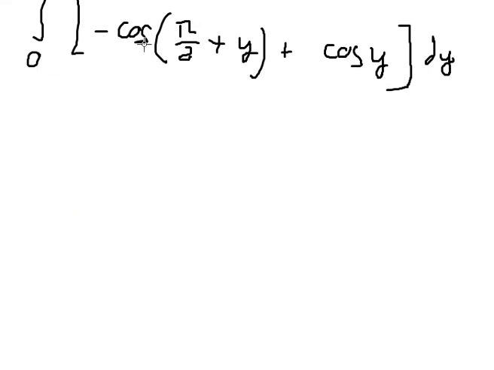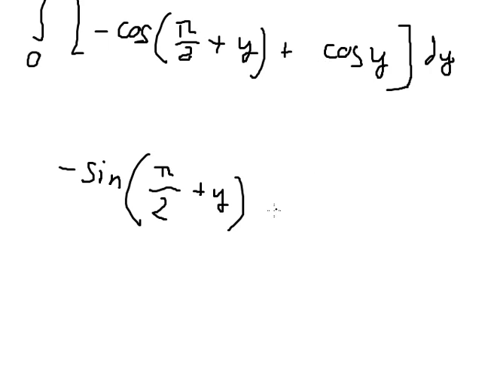The integration of cosine with the negative, you get negative sine of b over 2 plus y. The integration of cosine y, you get sine y.